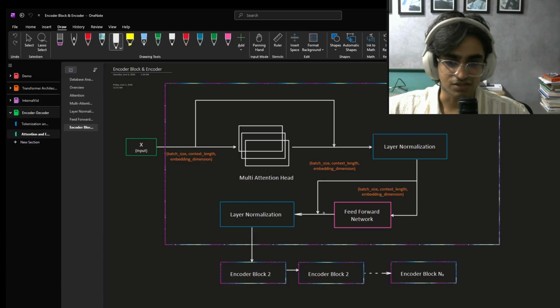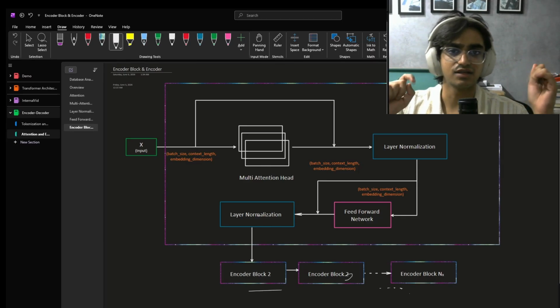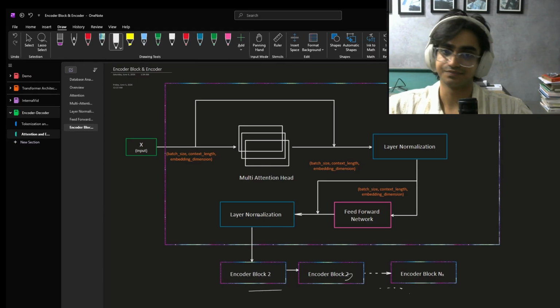And then again, that goes through another layer normalization. And this full box right here is called an encoder block. And then we just repeat that process multiple times. We got encoder block 2, and this should be 3, sorry, and up to however many times you want to go through. And that's your encoders. That's it. Now let's move on to the code for this, and we can conclude this video.